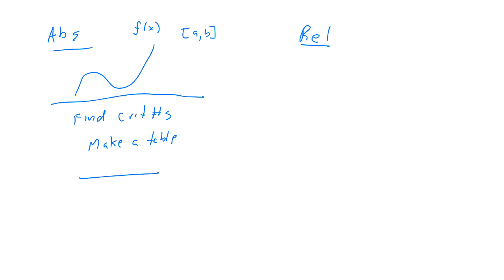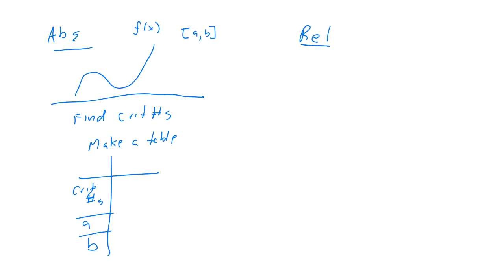And in the table, you're going to list all your critical numbers. And you also have to list your two endpoints, A and B. Now, when I did this in class, I would put the left endpoint first, the right endpoint at the bottom, and I would list the critical numbers in between.